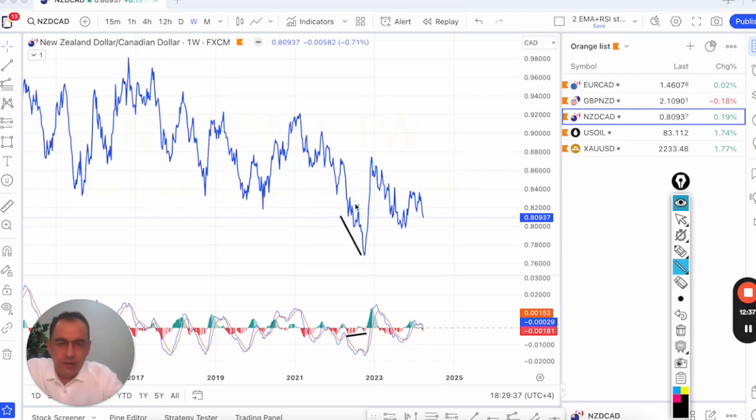It created the BOS, but it did not break above the previous high. So this remains the ultimate resistance level, and the downward cycle started from this point. So this is the beginning of the new downward cycle on the weekly time frame. Here, this one.